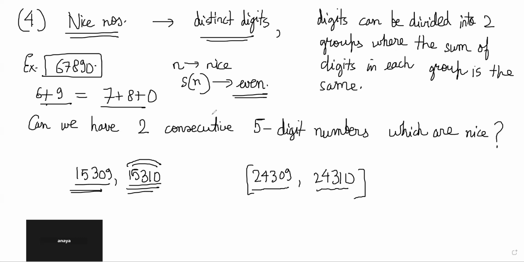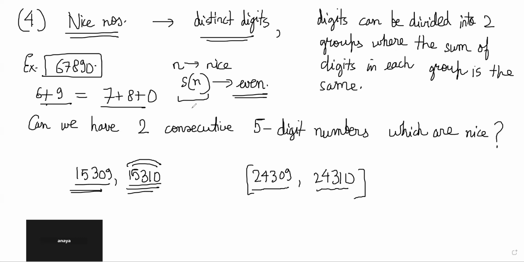Yes. So we need to look for some 5-digit number where the sum of digits of n is even and the sum of digits of n plus 1 is also even, right? Right. A nice number can be said that the sum of n should be even for it to be nice, right? Yeah. Okay.